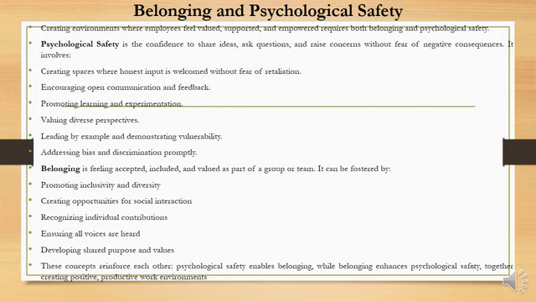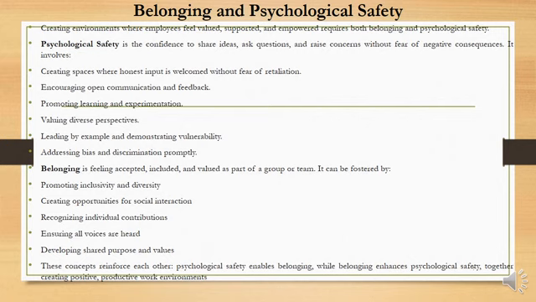It involves creating space where honest input is welcome without fear of retaliation, encouraging open communication and feedback, promoting learning and experimentation, valuing diverse perspectives, leading by example and demonstrating vulnerability, addressing bias and discrimination properly.